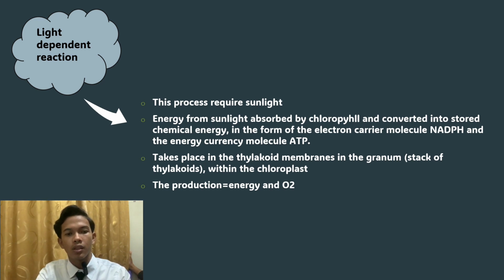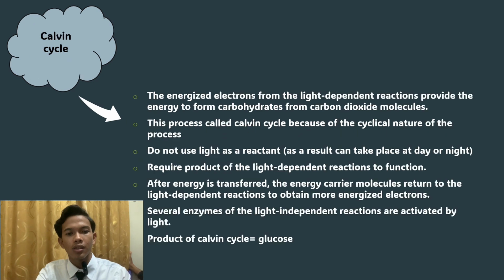For the Calvin cycle, the energized electrons from the light dependent reaction provide the energy to form carbohydrate from carbon dioxide molecules. This process is called the Calvin cycle because of the cyclical nature of the process. This process does not use light as a reactant. As a result, it can take place at day or night.